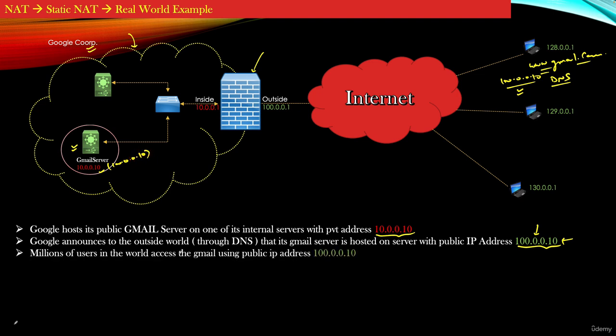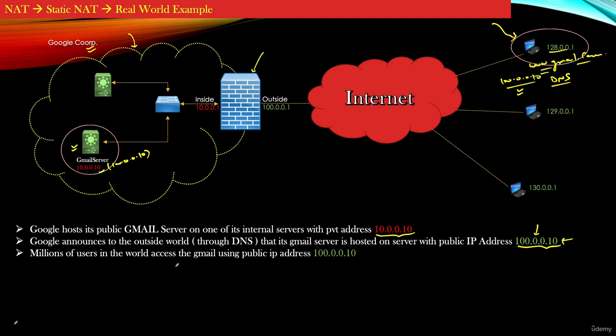Now millions of users in the world access Gmail using its public IP address. Let's say we have a user sitting somewhere on the internet with a public IP address 128.0.0.1, connected to the internet.